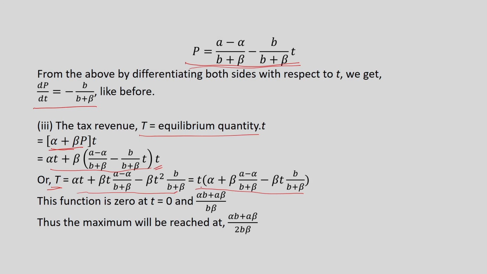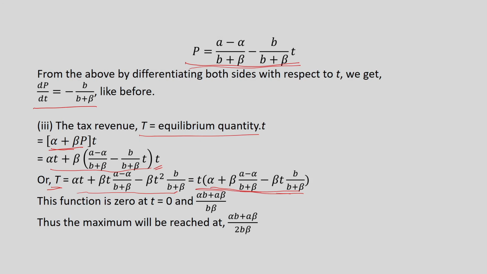The interesting thing to note is that capital T is a function of small t, of the form t multiplied by another function of small t. So, it is a quadratic function.